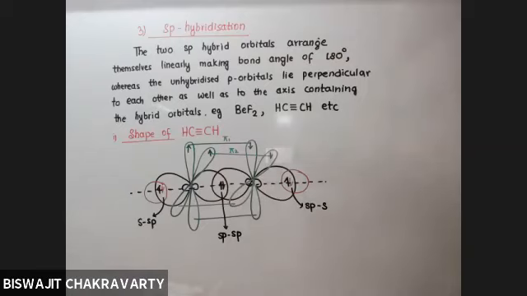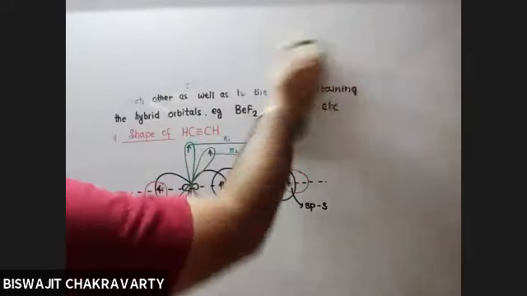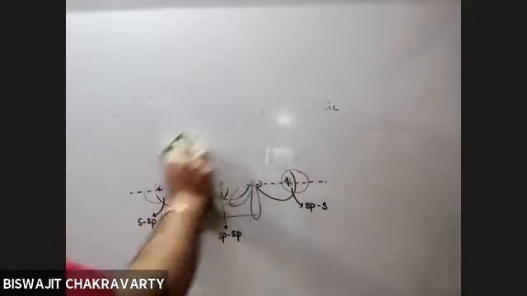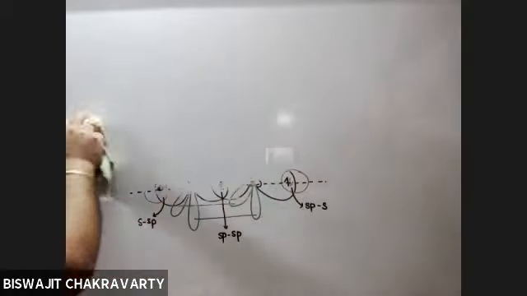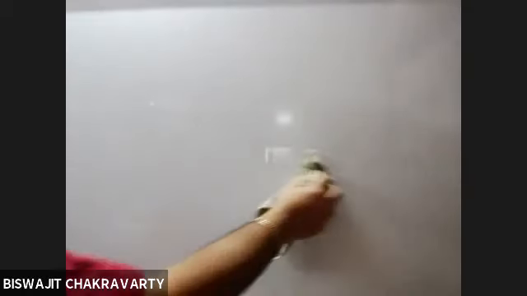So after discussion of sp3, sp2 and sp, we now move on to hybridization involving d orbitals. So d will also be involved, and we have seen that hybridization may be sp3d, sp3d2 or sp3d3 as well.